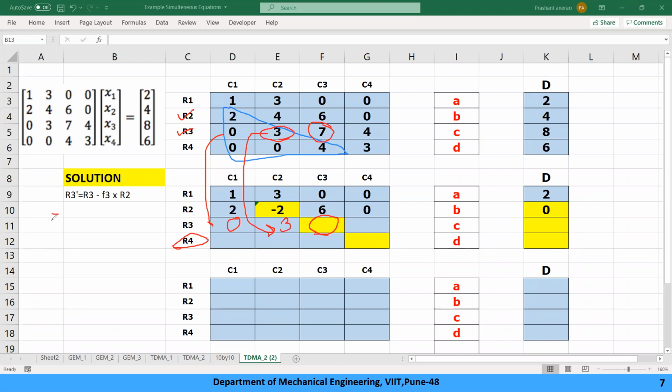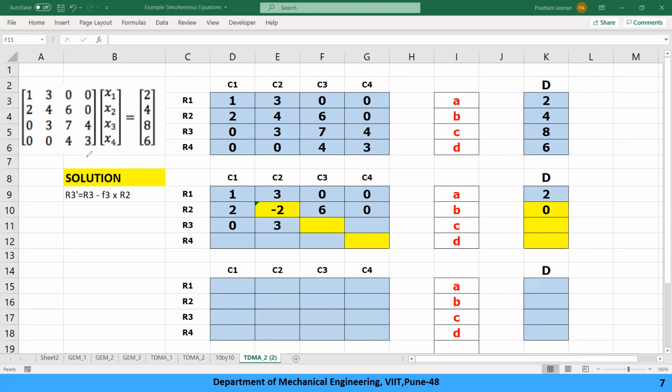So R3, row number 3, what is the old value? It is 7, minus. Now F3. Here students make mistakes, so please listen carefully. Do not use the previous term, do not use these terms. Only call from the updated terms. Okay, so only call from the updated term. So here we have 3. Now we are going to work for this.